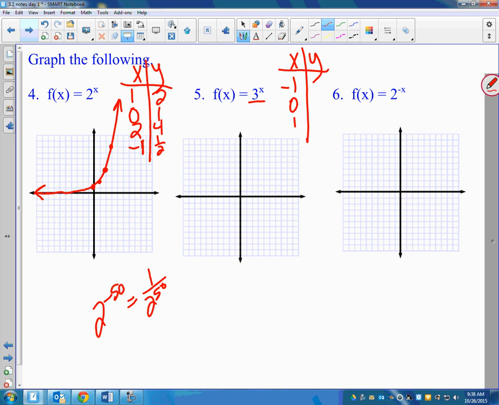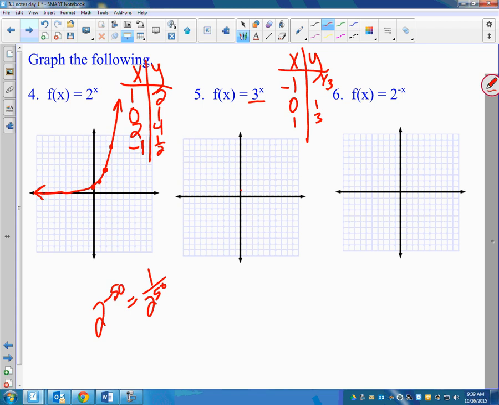If I, again, do a negative exponent, it's just a fraction. So that's just 1/3. Anything to the 0 power is 1. And now it's 3 to the 1st instead of 2 to the 1st, which means it's 3. But again, it's that same basic shape that we're looking for.